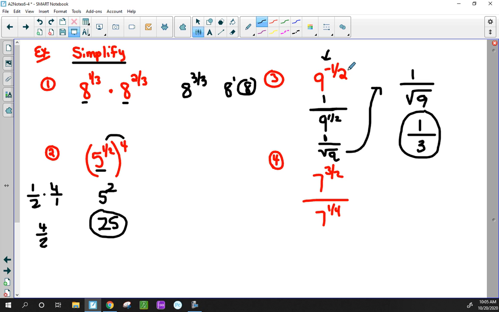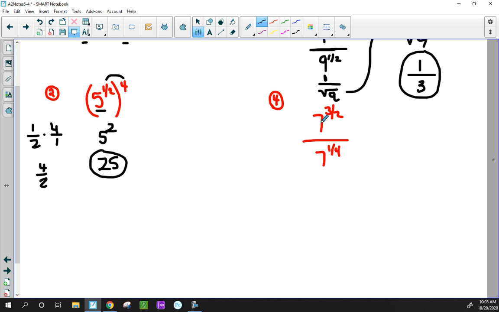Also, a quick reminder, I said this before, but you actually can type this in your calculator just to make sure that when you show me your steps in your work, you're getting the same thing. When you type in 9 to the negative 1/2, your calculator should say 0.3 repeating and 1/3 is equivalent. But again, these steps have to be shown.